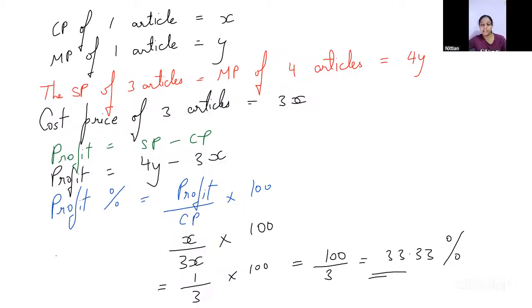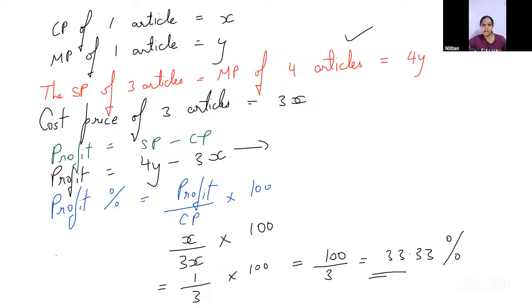One minute. I missed one step. After 4Y minus 3X, see, the market price of 4 articles is the selling price of 3 articles.